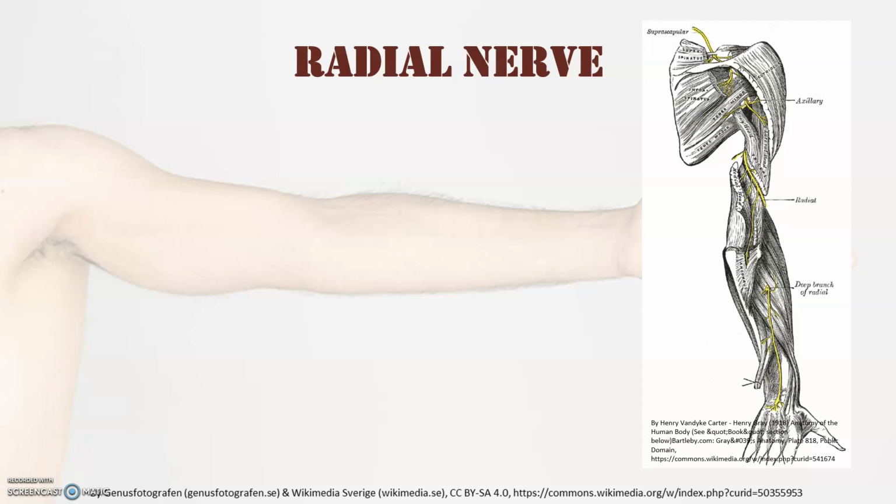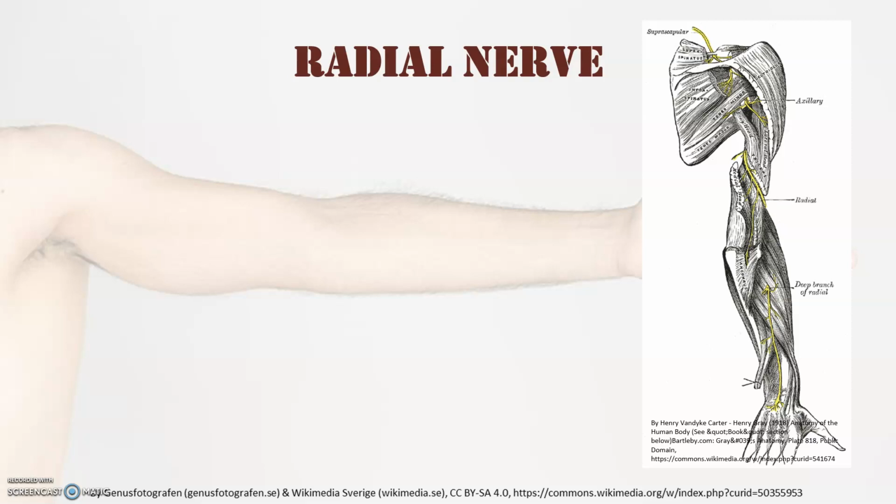The superficial branch runs deep to brachioradialis, runs down the lateral aspect of the forearm, and then enters the hand across the wrist by breaking up into its terminal branches and running across the anatomical snuff box into the hand, supplying the dorsum of the hand, bearing in mind the only part of the hand that is purely supplied by the radial nerve is the dorsal aspect of the first interdigital space. That's the space between the thumb and the index finger.